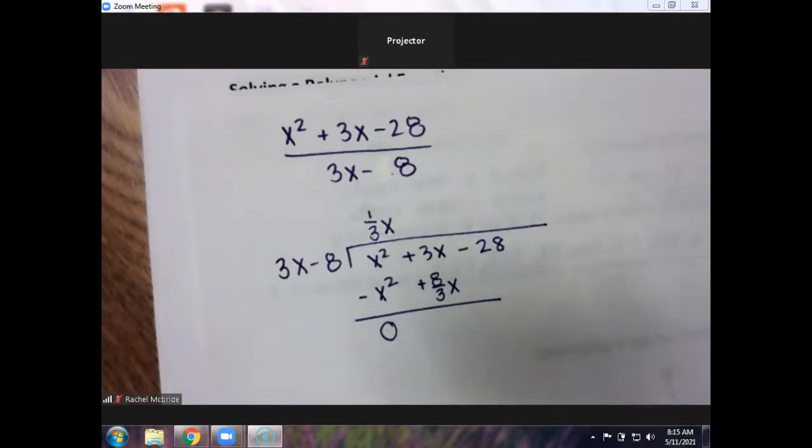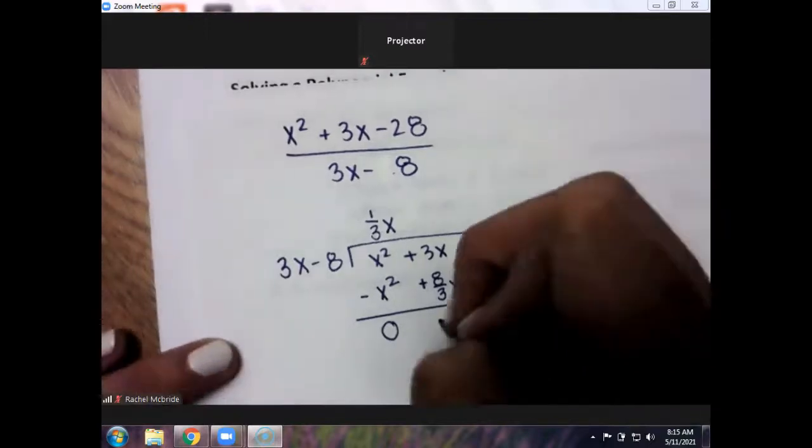Okay, so then you would add your 3 and 8/3 together. Adding 3 to 8/3 is kind of like adding 9 and 8, because 9/3 is the same as 3.